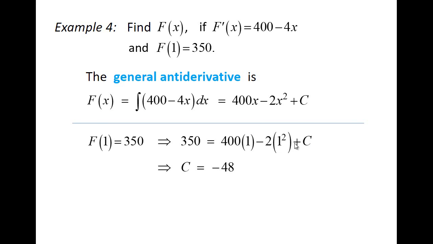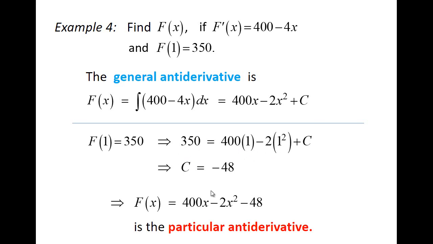If we solve for c, we get 350 minus 398, and that's exactly negative 48. So c is negative 48, therefore capital F of x is 400x minus 2x squared minus 48, and that is the particular antiderivative of this function that satisfies this initial condition right here.